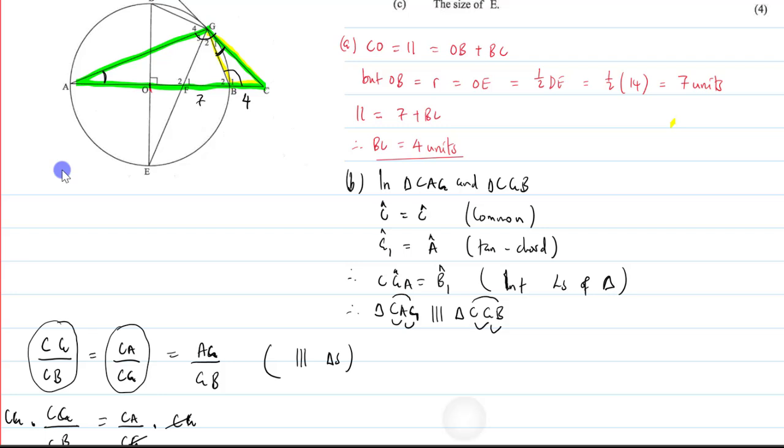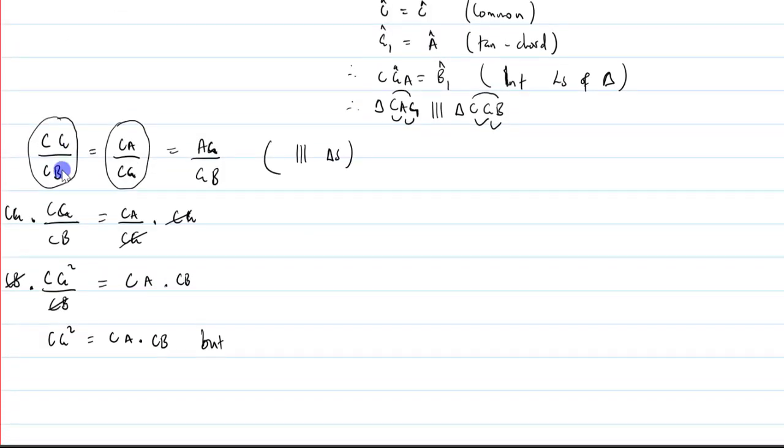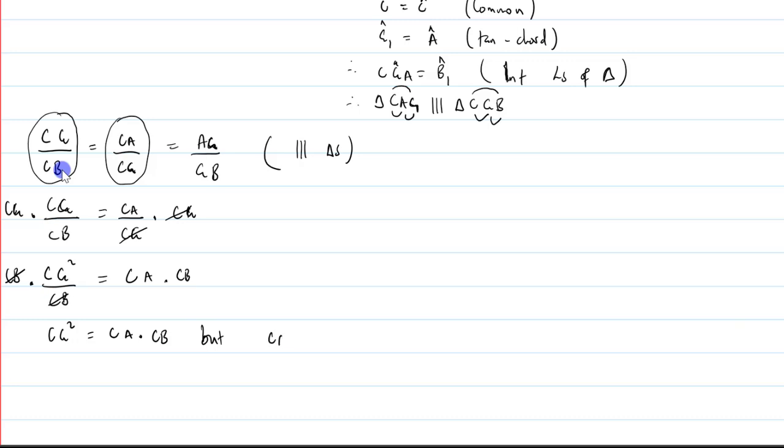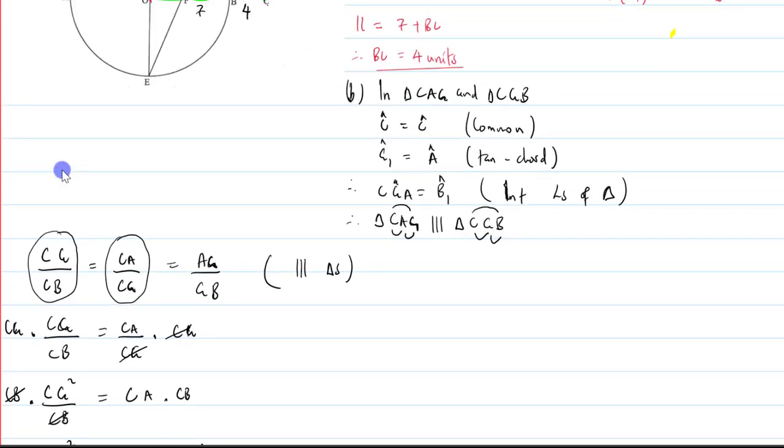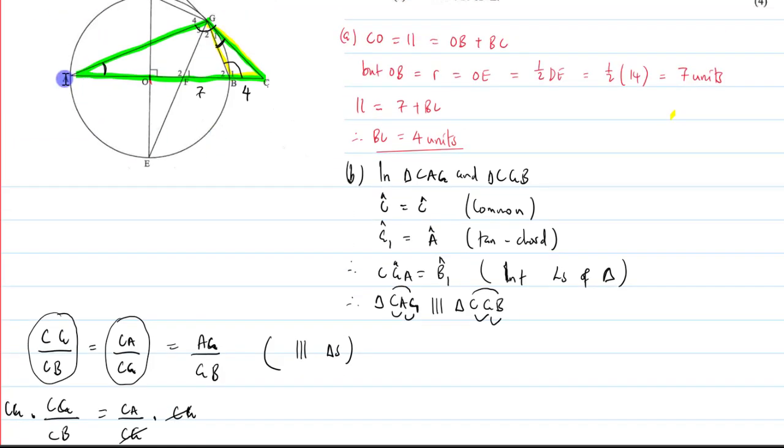Something that we need to realize if we go back to the diagram is that the length C to A is made up of two lengths. It's made up of the length A to B, which is our diameter. So the length CA is made up of A to B, which is equal to D to E, the diameter.